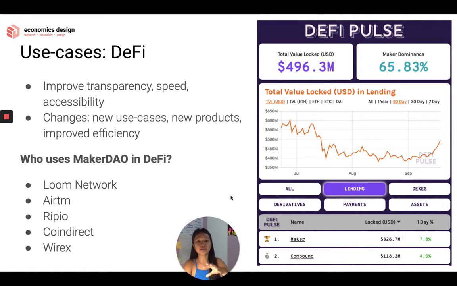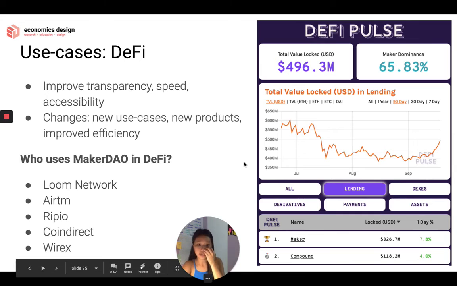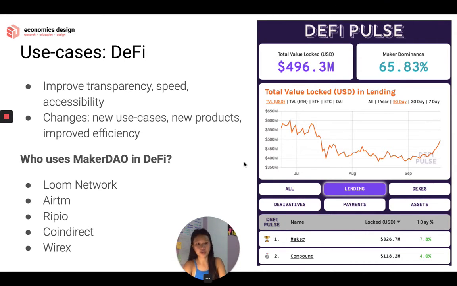Because Maker is the number one lending project in the DeFi space, you can imagine there are quite a lot of projects wanting to use Maker in their DeFi or accepting Maker in their DeFi products. Examples would be Loom Network, Artem, Repo, CoinDirect, Wirex. They are basically projects in Latin America or Africa.